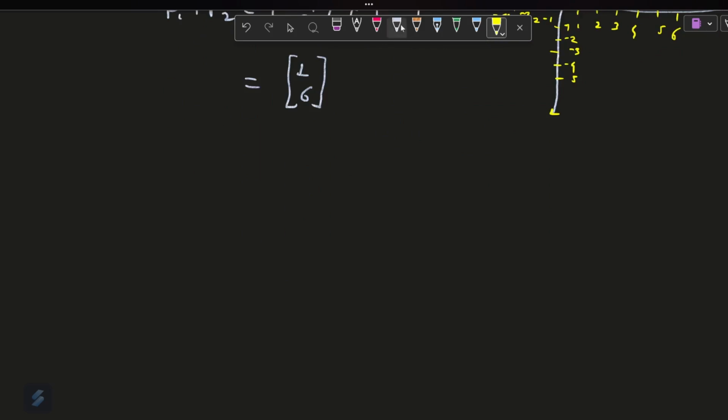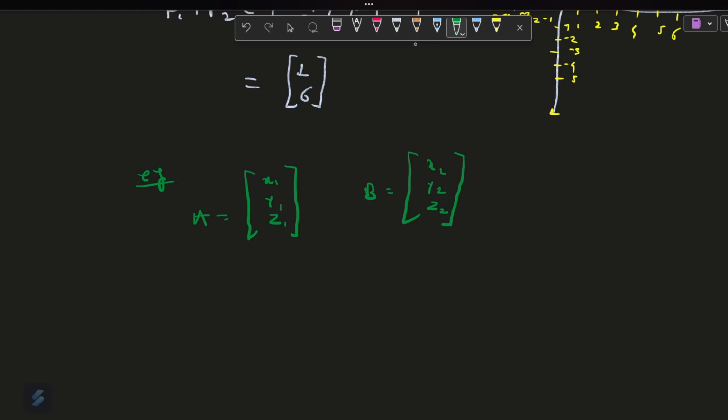Let's take another example and understand. Let's consider we have vector a as x1, y1, z1, and vector b as x2, y2, z2.